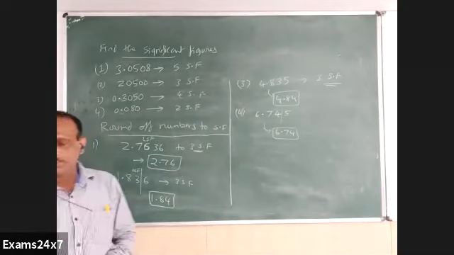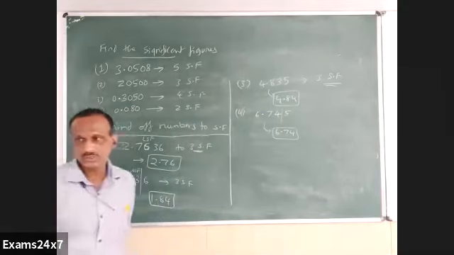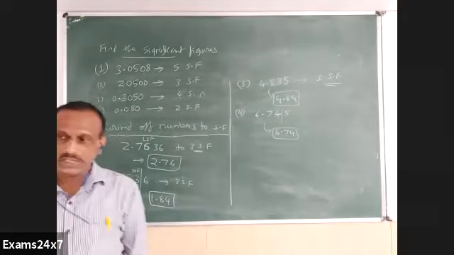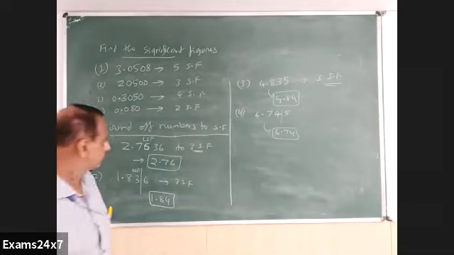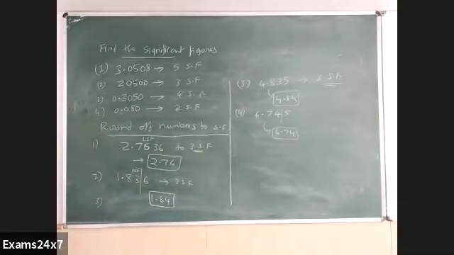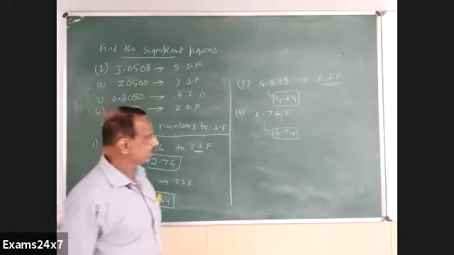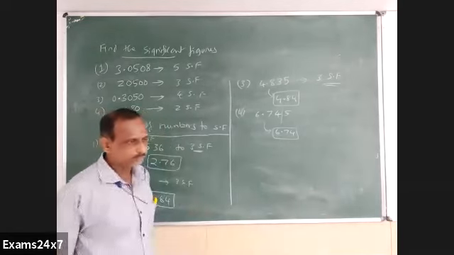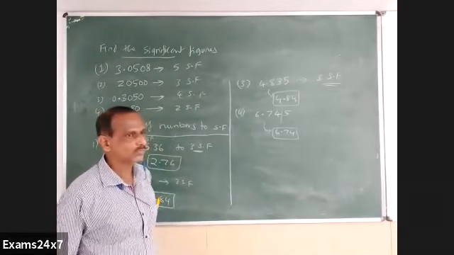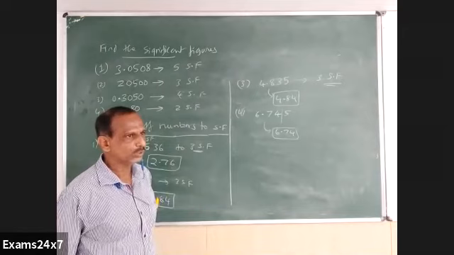And lastly, I have to mention 2 simple rules, and on one of those rules, again, the 2020 paper has a question. Online students, you must have got one synopsis on this topic now, or you may get it soon.